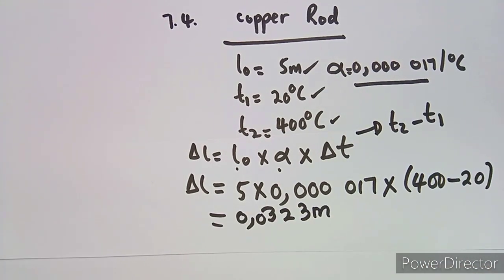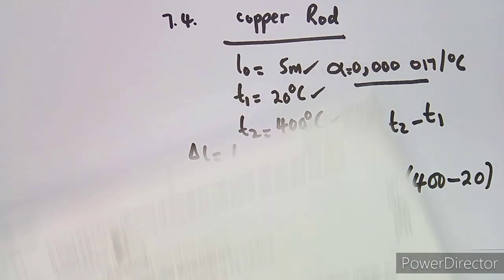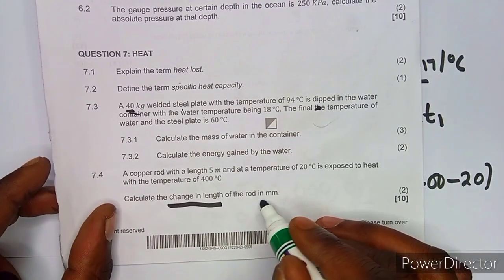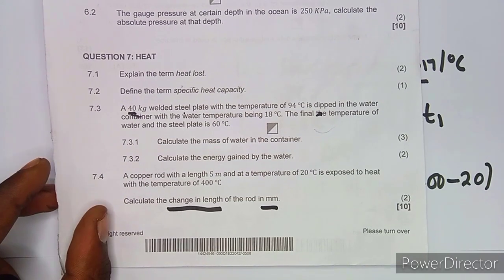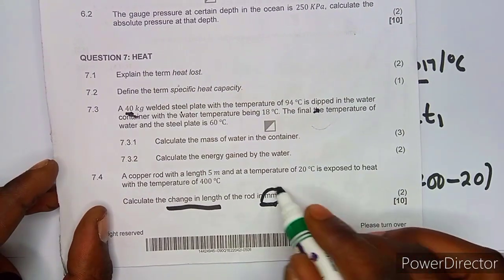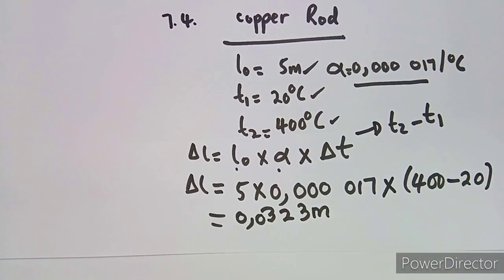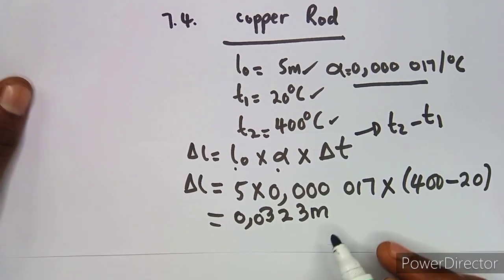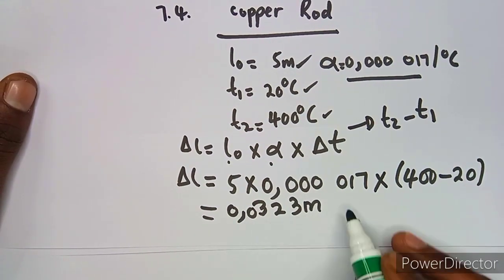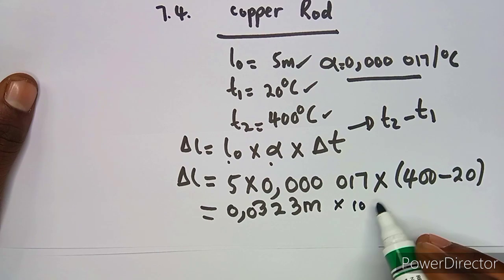But take note, guys, the question is to express this in millimeters. So your answer should be in millimeters. Remember, how do you convert to millimeters? You have to move 3 commas, or you just multiply by 1,000.